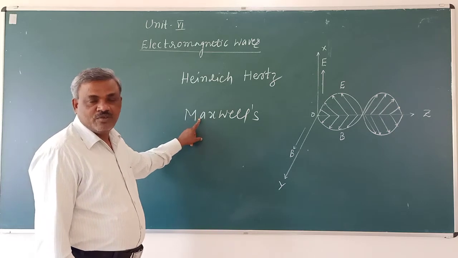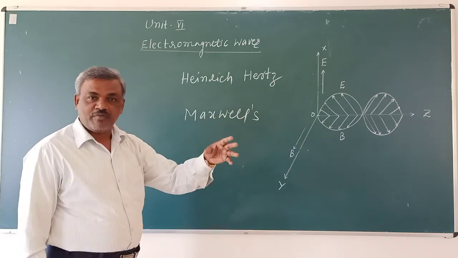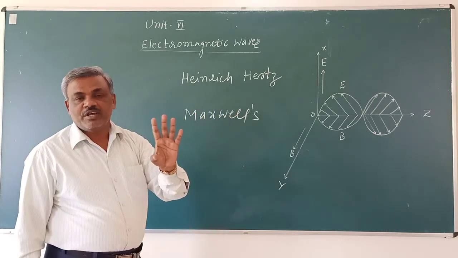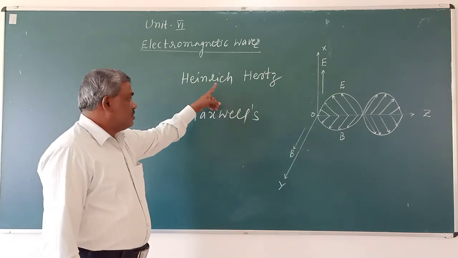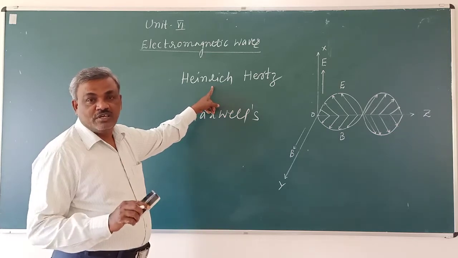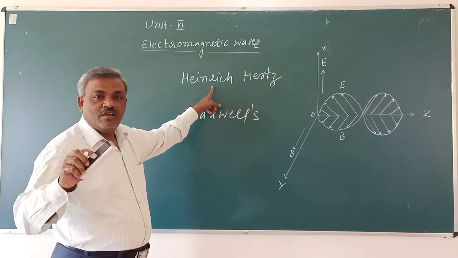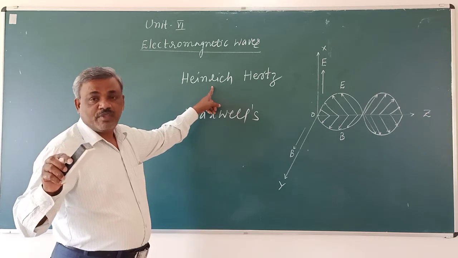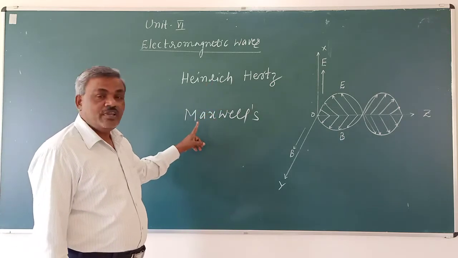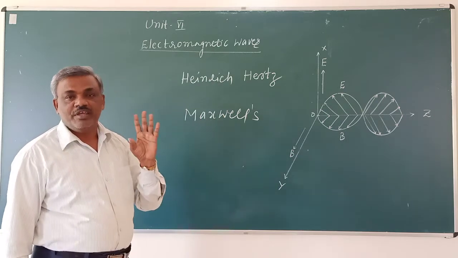Maxwell. Who experimentally confirmed electromagnetic waves? Heinrich Hertz. This is a very important examination point. Heinrich Hertz experimentally confirmed electromagnetic waves, which were theoretically explained on the basis of Maxwell's equations. So Maxwell explained electromagnetic wave theory.